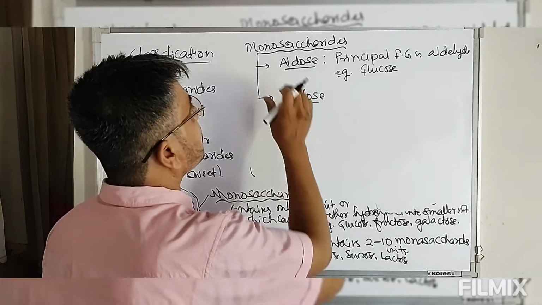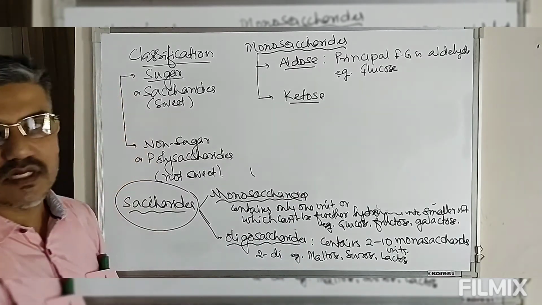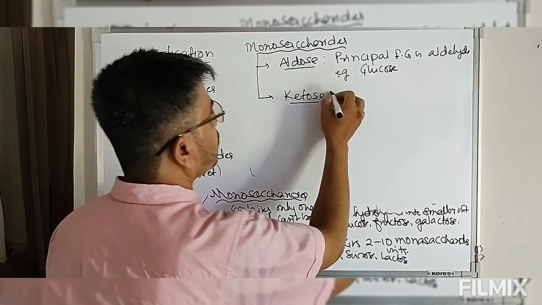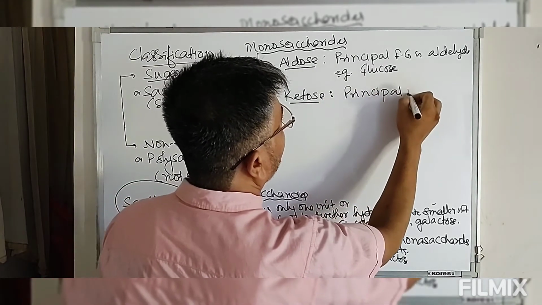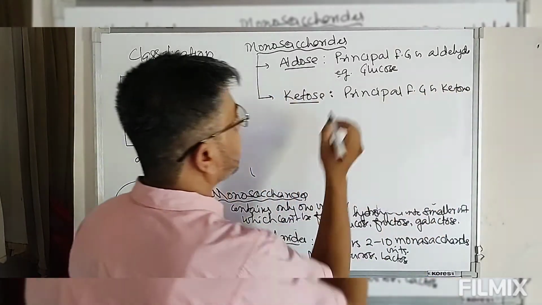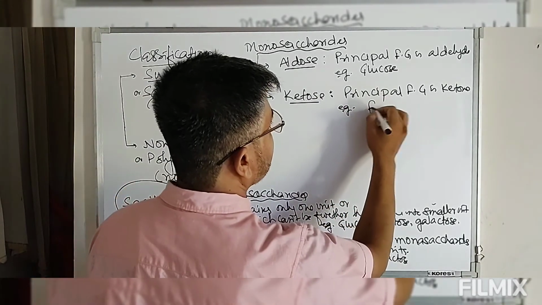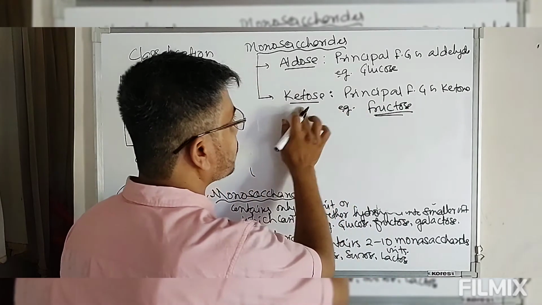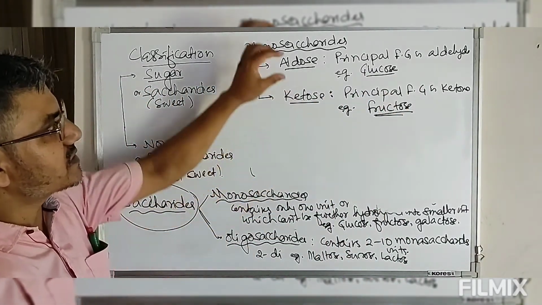On the other hand, those monosaccharides in which the principal functional group is ketone are known as ketose. Here the principal functional group is ketone. And the best example of ketose is fructose. So fructose is a ketose, whereas glucose, galactose, mannose, these are aldose.